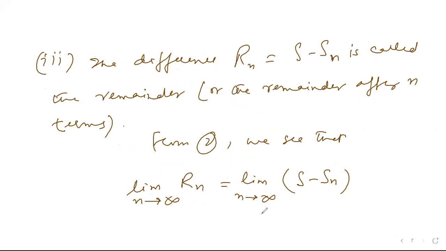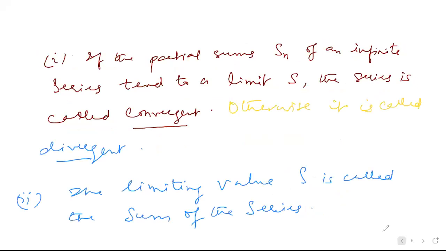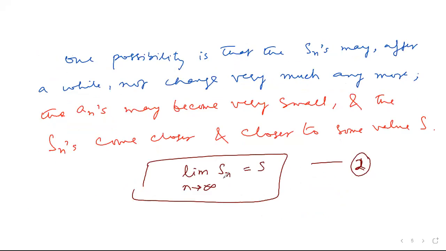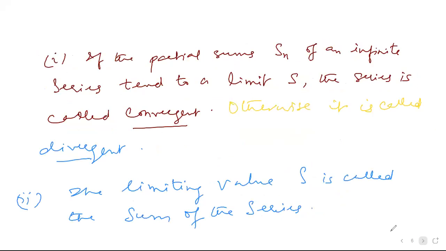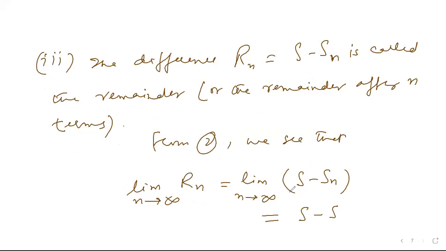So when you solve it, the first term is just S, and the second term is S, from the second, limit n tending to infinity Sn is S. First term is S, second term is S, so it is 0.